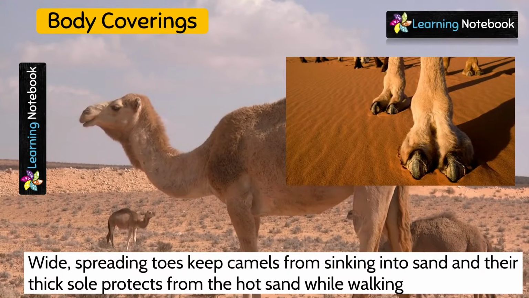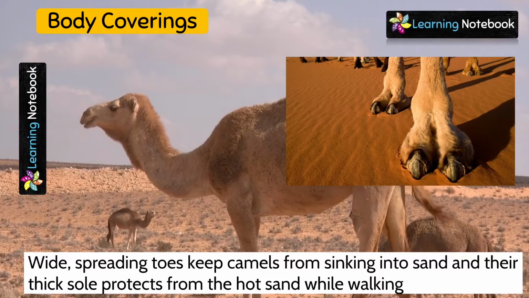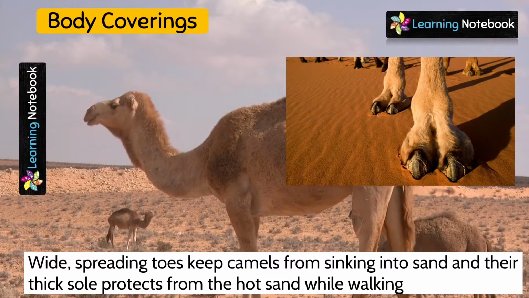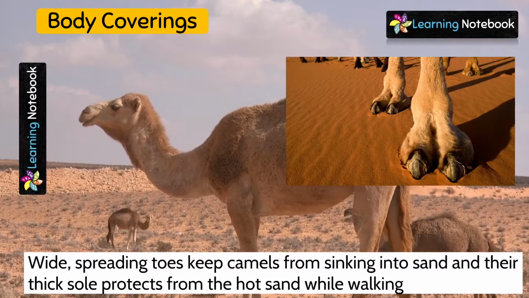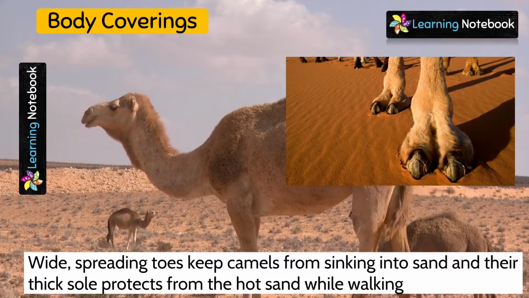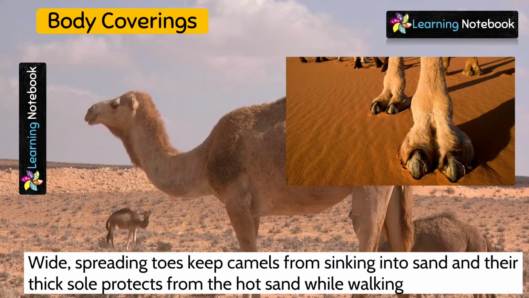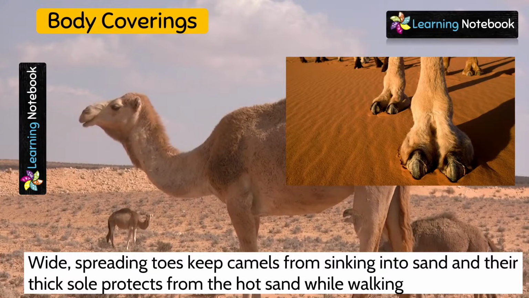Then camel also have wide spreading toes which keep camels from sinking into sand, and their thick sole protects them from the hot sand while walking. Look here. These are the wide spreading toes of the camels.